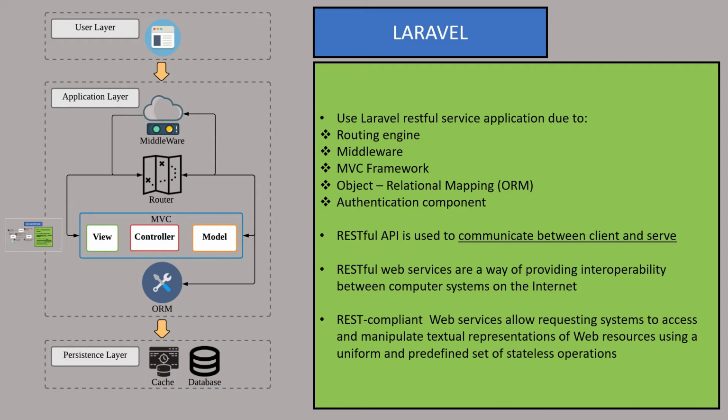RESTful web services are a way of providing interoperability between computer systems on the internet. RESTful compliant web services allow the requesting system to access and manipulate textual representations of web resources using a uniform and predefined set of stateless operations.